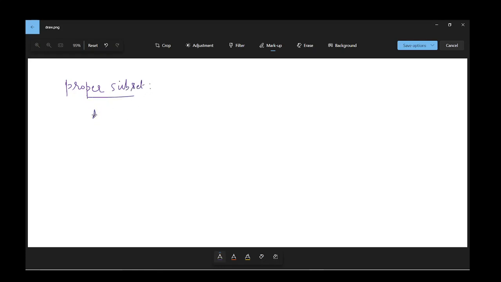If I have A equals 1 and 2, the subsets are A1 equals 1, A2 equals 2, A3 equals 1 comma 2, and A4 equals empty.